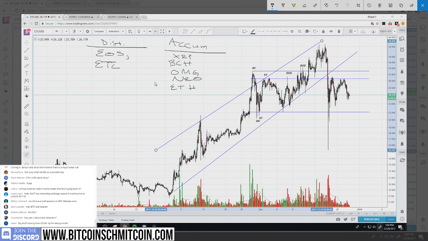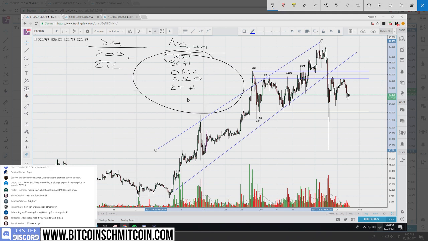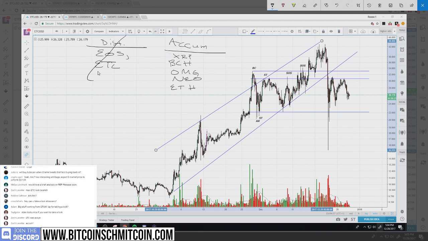What were the other ones? I feel like I said one more. Anyway, there's a few of these coins that are looking pretty ripe right now. These don't look very good at the moment. I need to reevaluate EOS, but ETC looks like distribution pretty clearly.